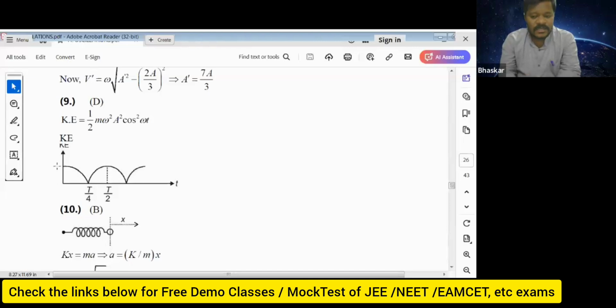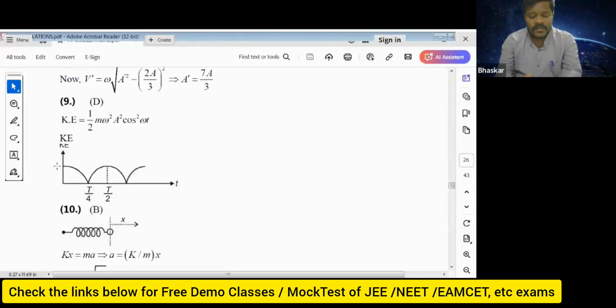Once you release it, the body starts oscillating due to restoring force. Because the body is released from the maxima point, the velocity starts from 0, and the velocity becomes maxima at the center, right?